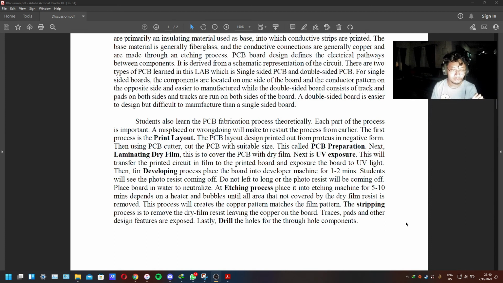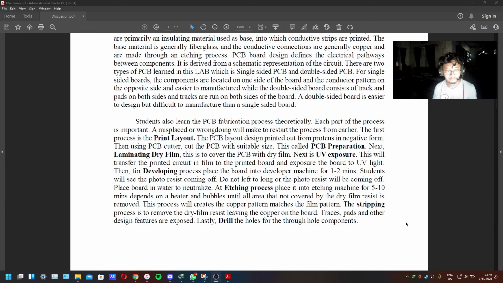Next, we develop the board using a developer machine for 1 to 2 minutes, and we will see the photoresist on the PCB start coming off. Then next is the etching process, which takes 5 to 10 minutes, depending on the heater and bubbles, etching the area that is not covered by the film.